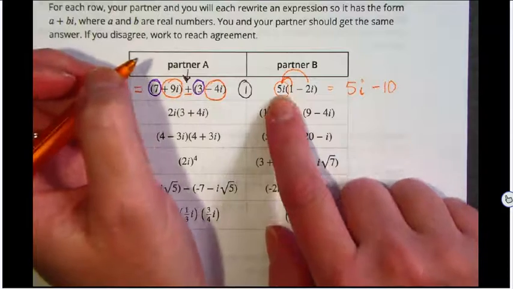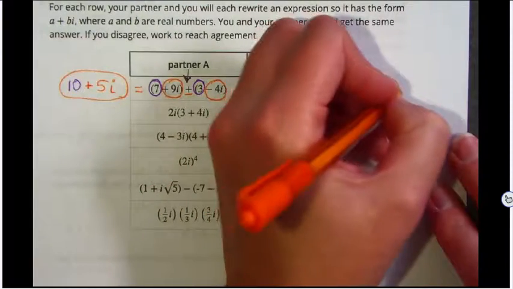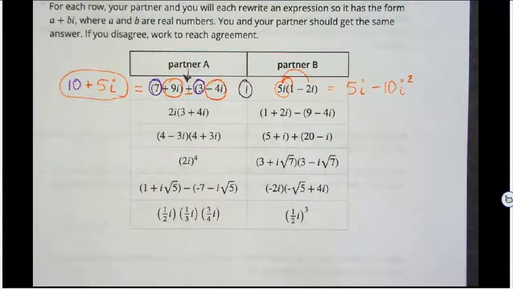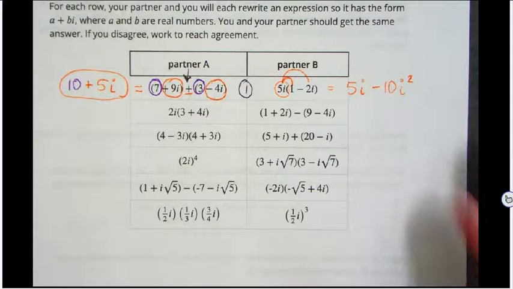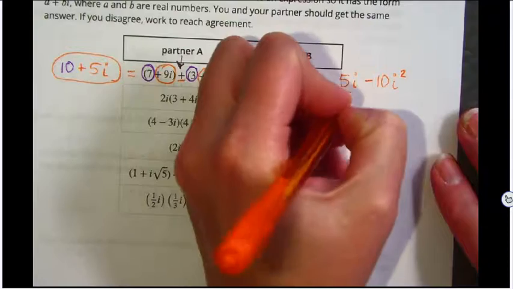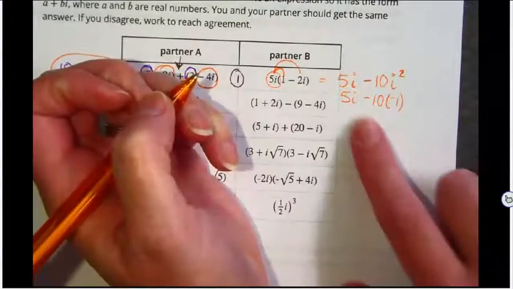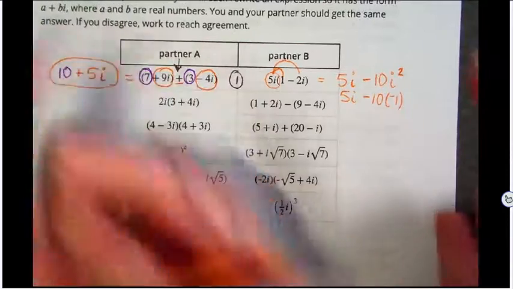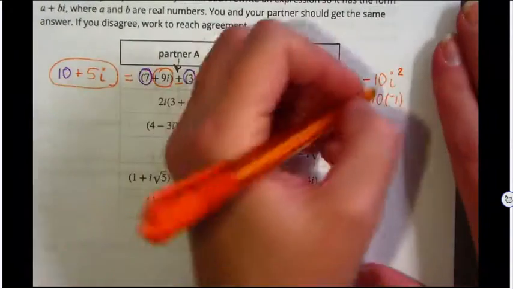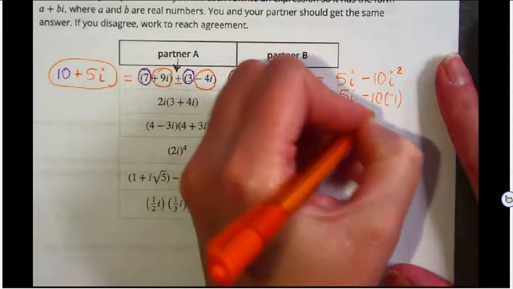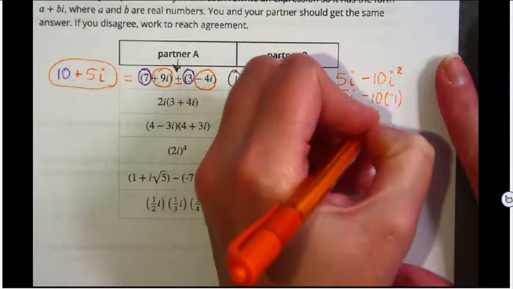And I have an i times i, which is i squared. Now, many times over, we've written that i squared is actually equal to negative 1. So this is really 5i minus 10 times a negative 1. Negative times a negative turns it into a positive. So 5i plus 10.